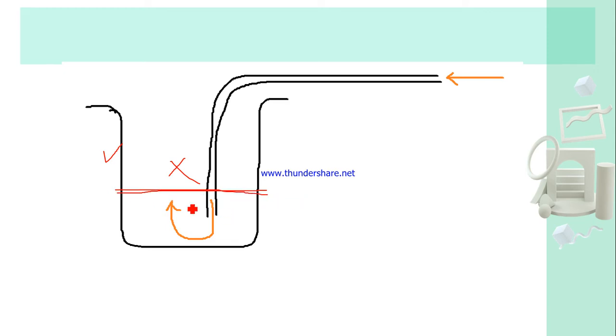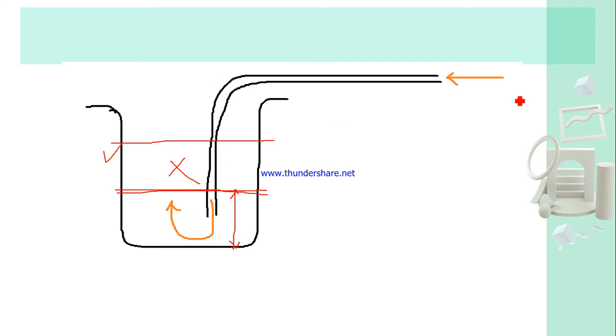Now this liquid height will develop some pressure here. Now the resistance is not zero, so you need some more pressure to pass the air and create the bubble. And if the level is further increased, you need more pressure.